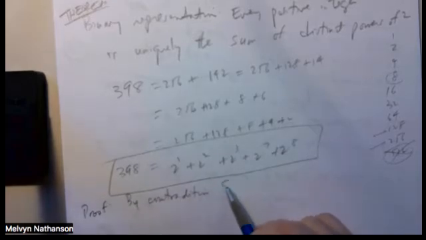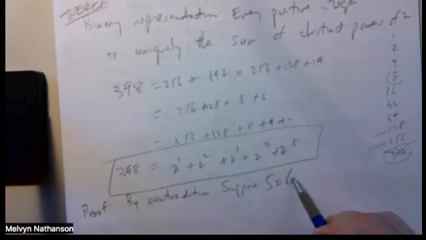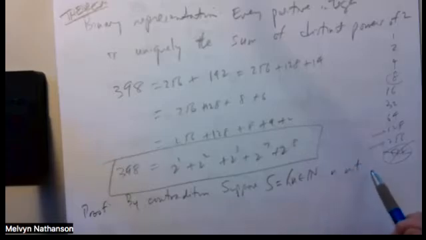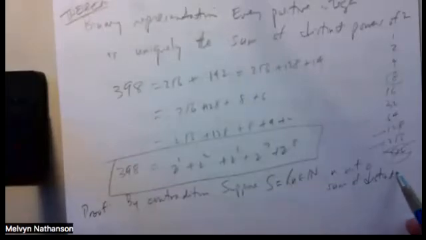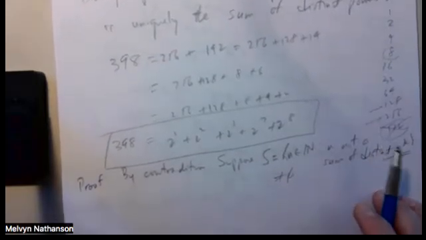So suppose we let S be the set of positive integers n where n is not a sum of distinct powers of 2, and suppose this set is not the empty set.